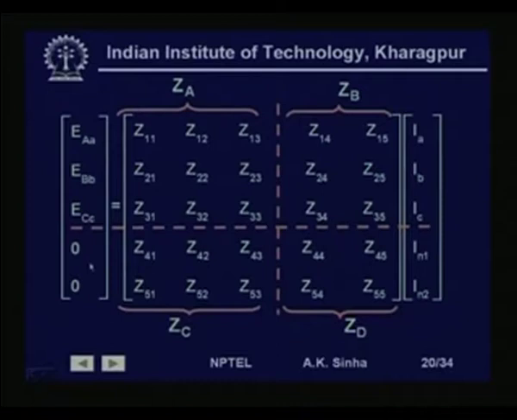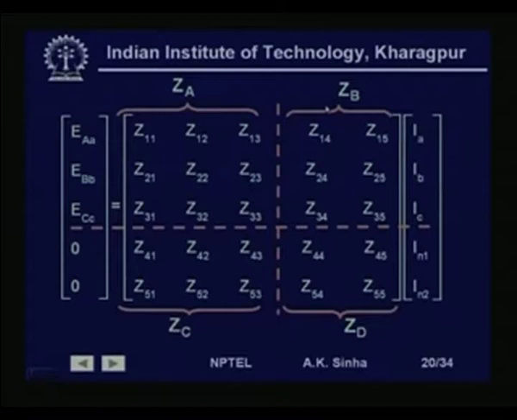This voltage is going to be equal to the impedance multiplied by the current, which gives the voltage drop across the 2 points. Now, here the impedances will be Z 11, Z 12, Z 13, Z 14, Z 15. All these impedances will give a 5 by 5 matrix, and the currents will be the 3 phase currents I A, I B, I C, I N 1 the current in neutral conductor 1, and I N 2 in the neutral conductor 2.